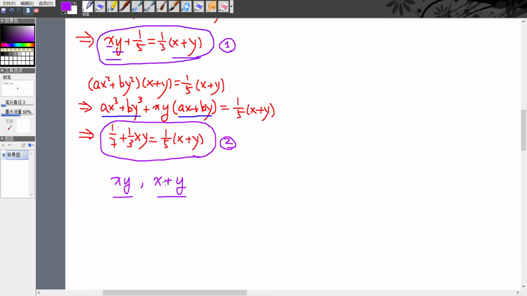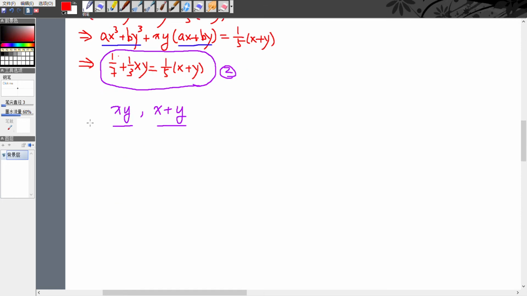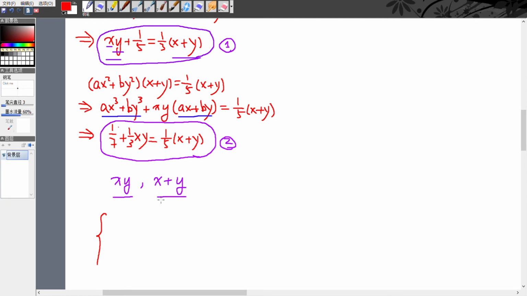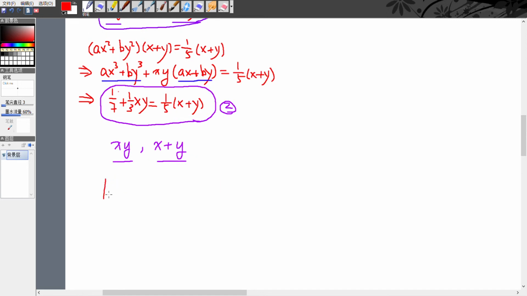So from equation 1 and equation 2, I will just put a equals xy and b equals x plus y.